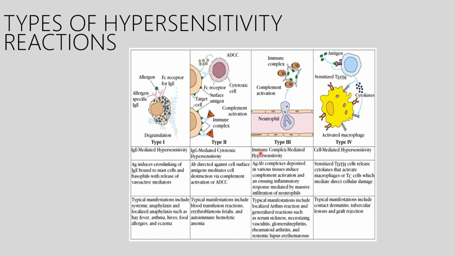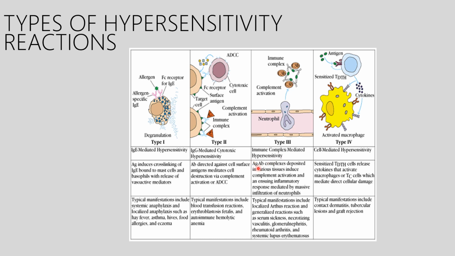Type 3 is immune complex mediated hypersensitivity, and it is similar to type 2. However, the antigens in a type 3 hypersensitivity are soluble.